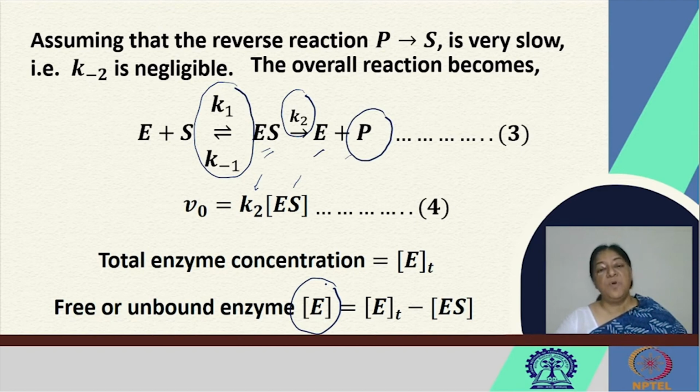In this bound form, it is in the complex of the enzyme substrate. So we have the total enzyme concentration minus the enzyme substrate concentration giving us the free or the unbound enzyme, and from this we can study different kinetics of the enzyme.